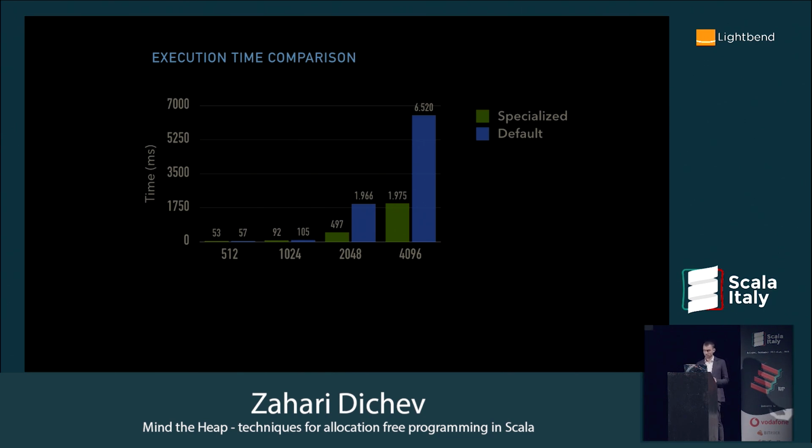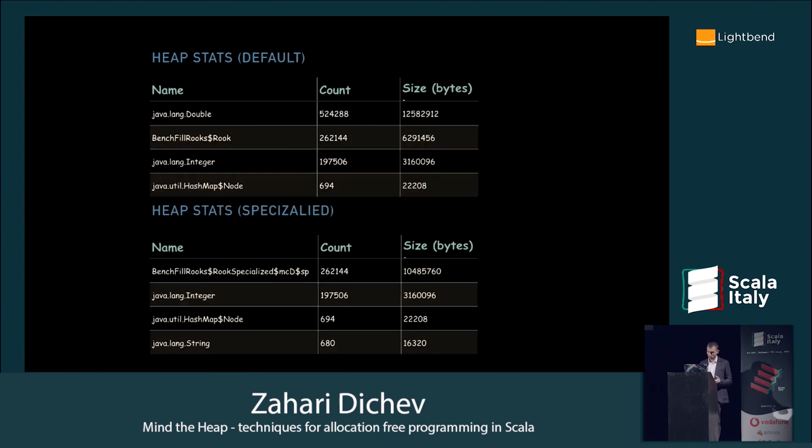And if you do a heap dump at some point, you'll be able to see that in the default implementation you have all these doubles getting allocated, while in the specialized they really aren't. So this is some of the things that you can use in order to decrease allocation in your code.